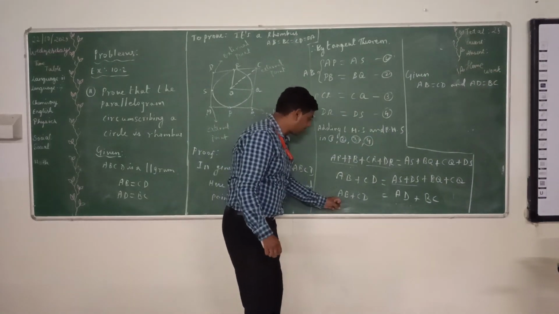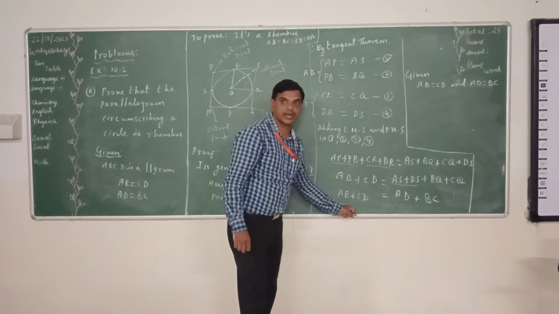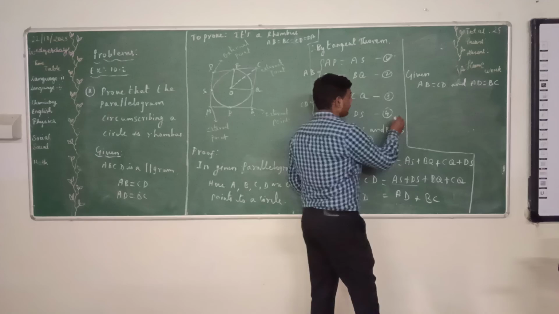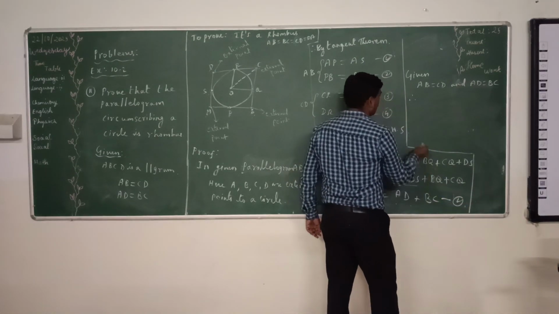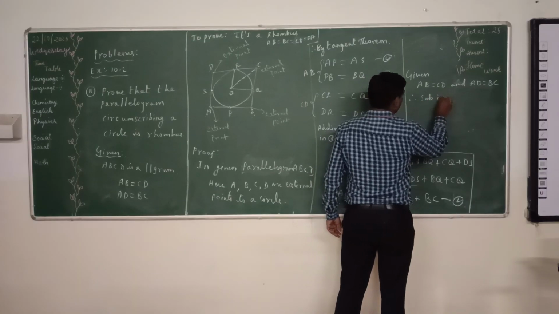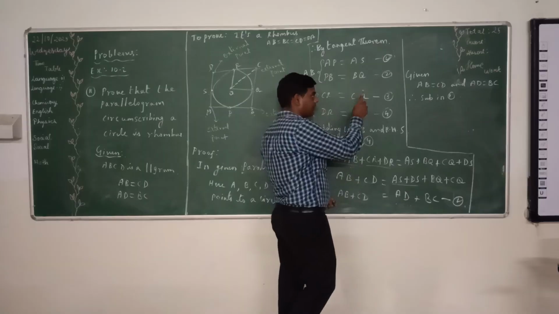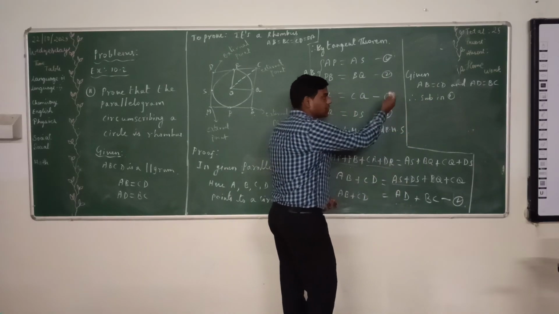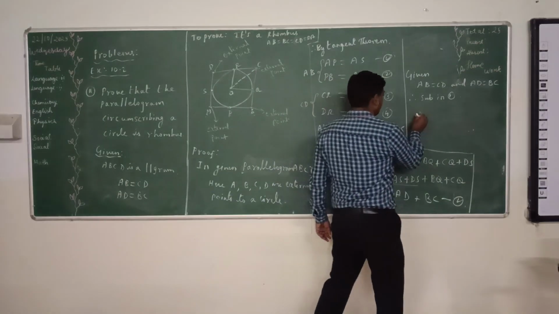Take the previous result as equation 1. Wherever AB is there, write CD, or instead of CD we can substitute AB. Anything we can do. So instead of CD, we substitute AB.